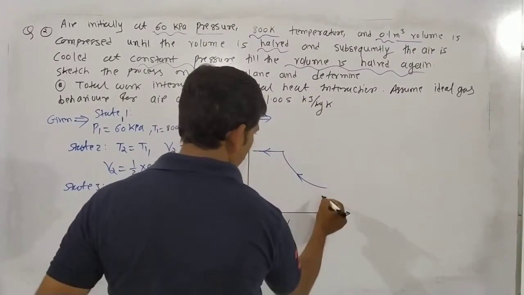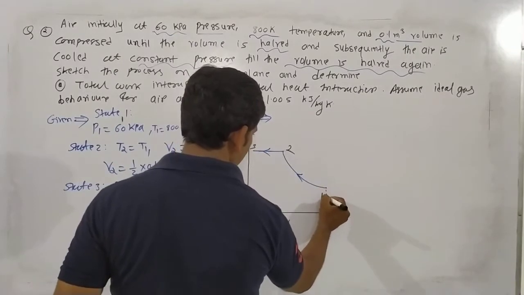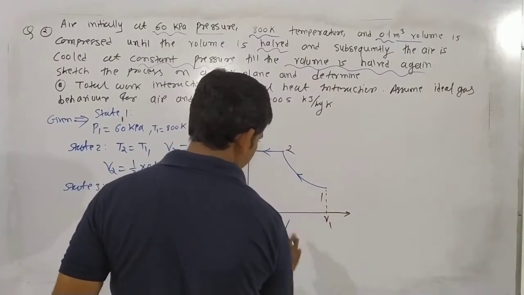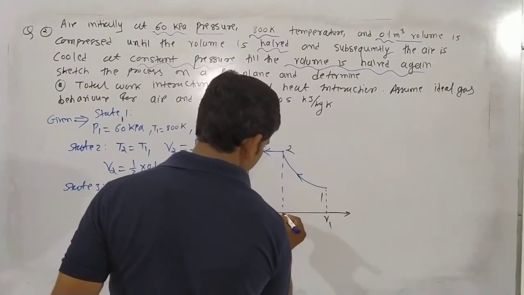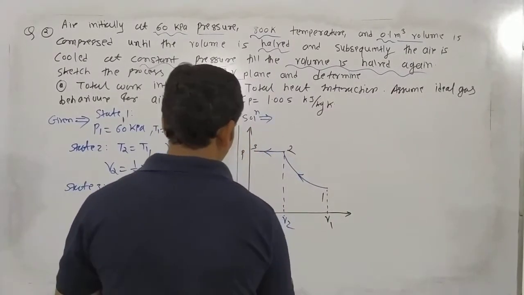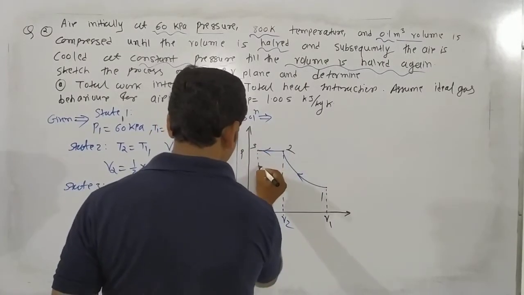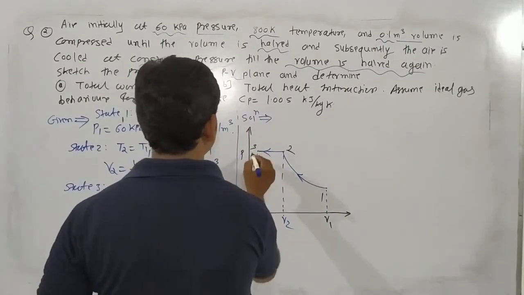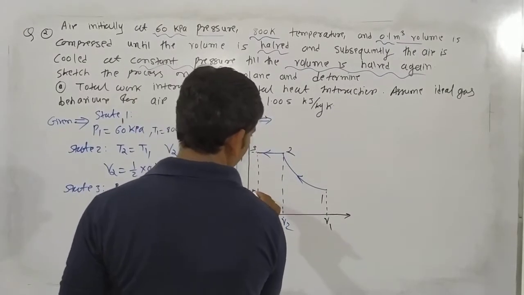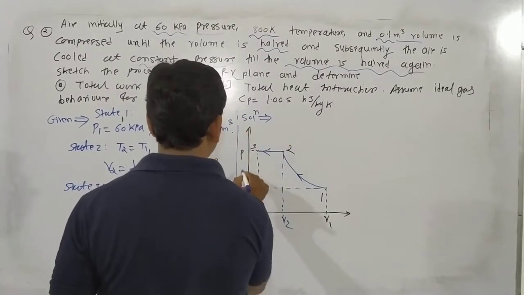So this is 1 to 2 and 2 to 3. This is volume V1, then another volume is V2. Here is the pressure P1.